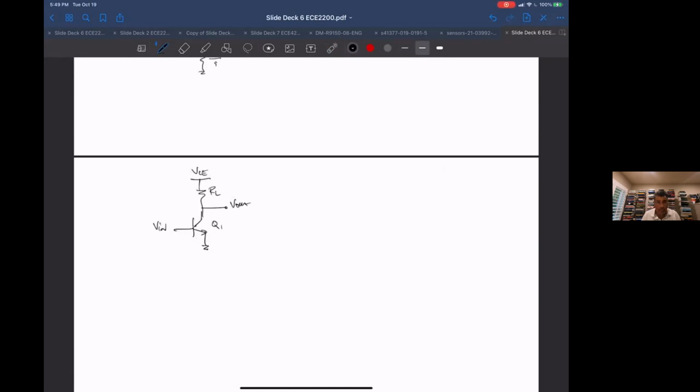So we said you can get gain from this. In fact, we showed how the V out is VCE minus I sub C R sub L, and I sub C is I sub S exponential of VBE, or Vn really.